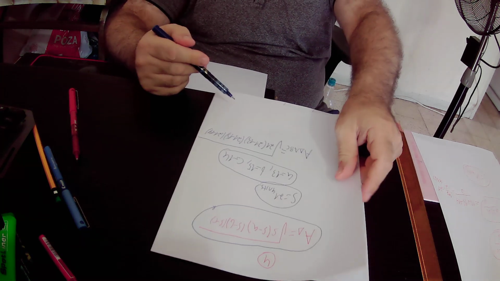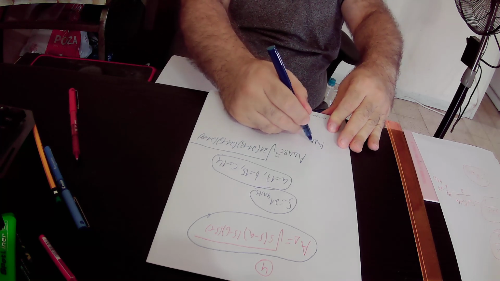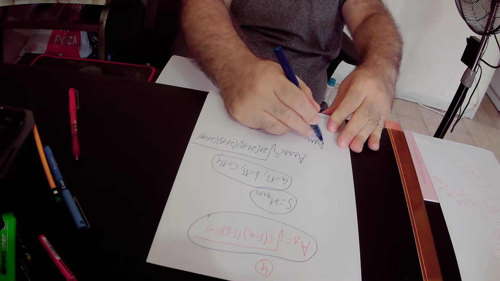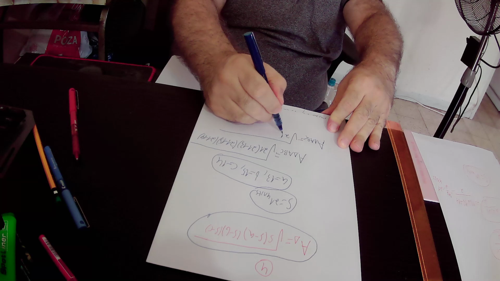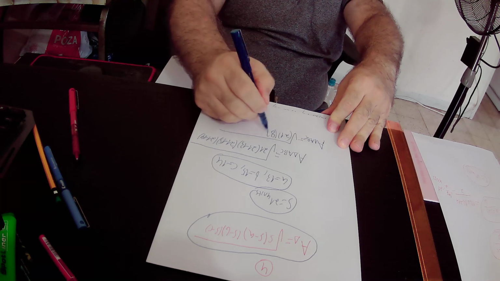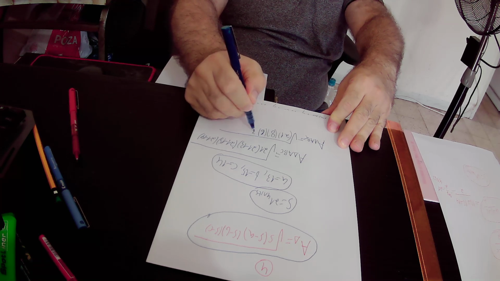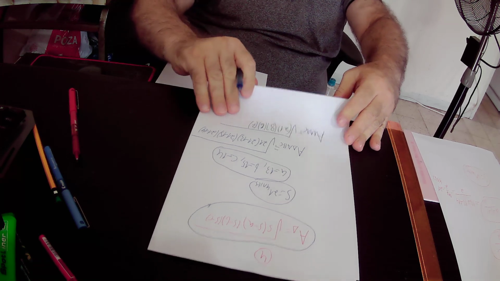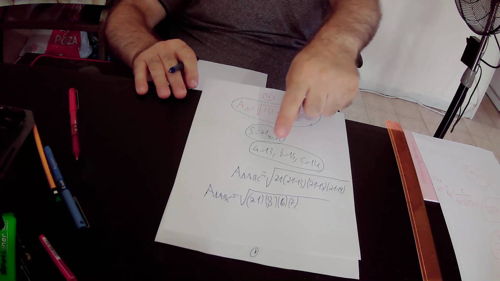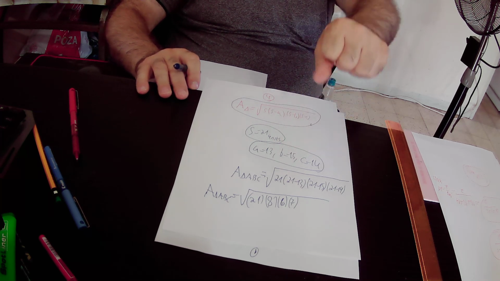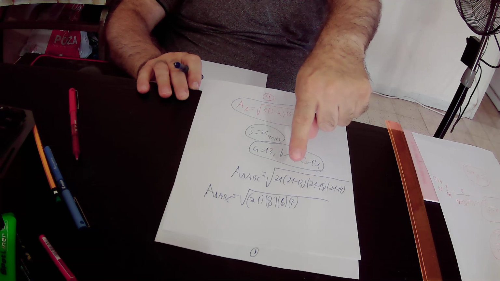So the area of our triangle ABC equals the root of 21 times 8 times 6 times 7. Actually, the outcome of this multiplication is 7056.